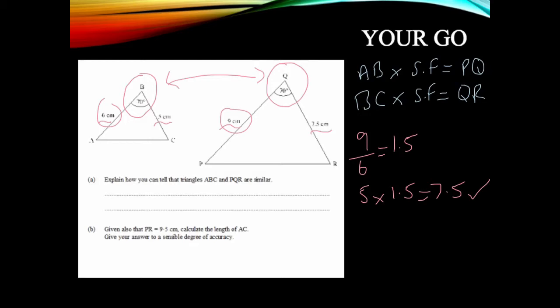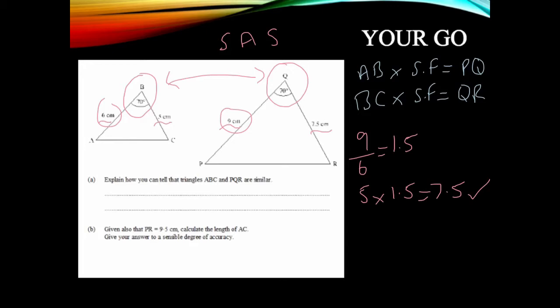So by the information that I've just written down and the words that I've said, we should be able to say that these two are similar. So the key things, we've got side, angle and side, where the two sides have been increased by the same scale factor and the angle in between them is the same.